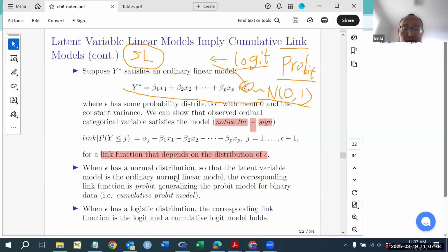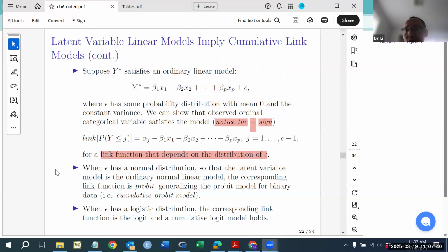We can have other link functions too, and the only difference among these links is the corresponding error distribution. Is that clear? So that's a very general framework through which we can interpret the cumulative link model, through the latent variable linear models. That's the interpretation.